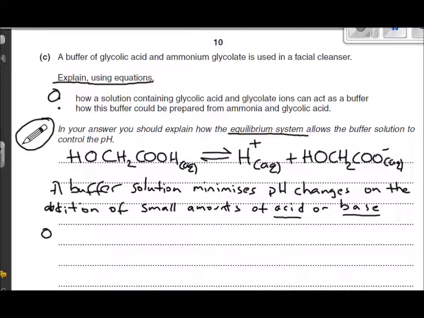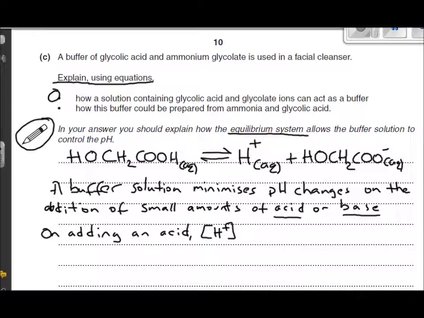Okay, and we can describe that. On adding an acid, and we're trying to explain this in terms of the equilibrium system at the top, the concentration of H+ would increase. And if we look at the equilibrium system, H+ ions are shown on the right-hand side.